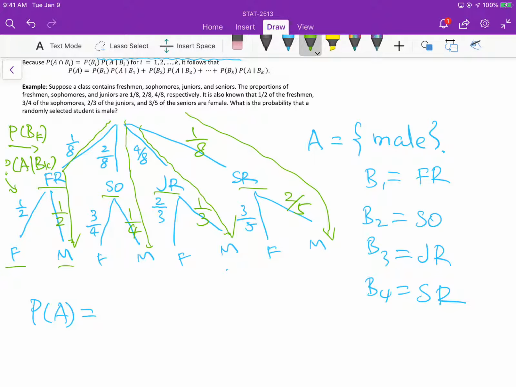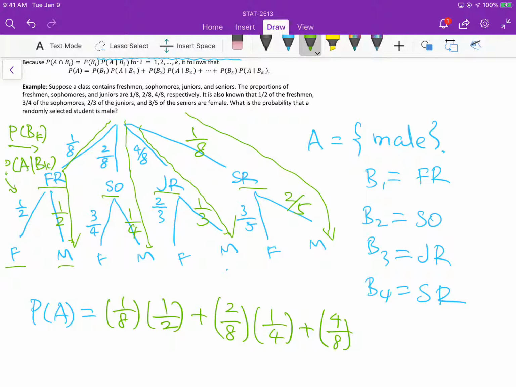For the first path, 1 over 8 times 1 over 2, plus along the second path, 2 over 8 times 1 over 4, plus for junior, 4 over 8 times 1 over 3, plus for senior, 1 over 8 times 2 over 5.